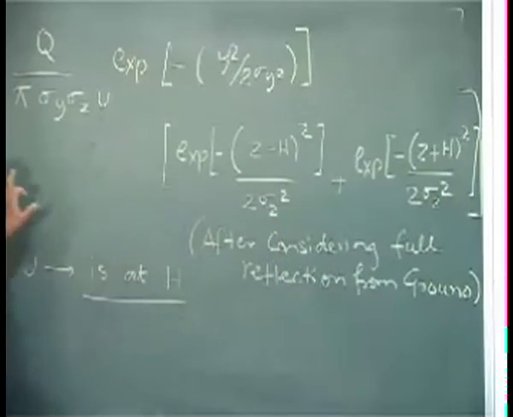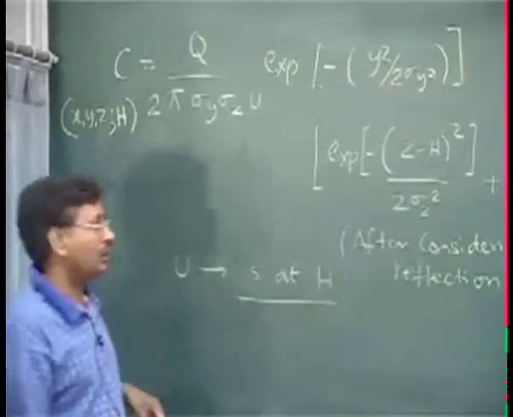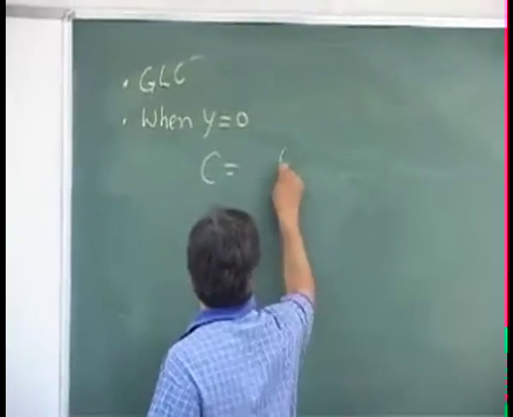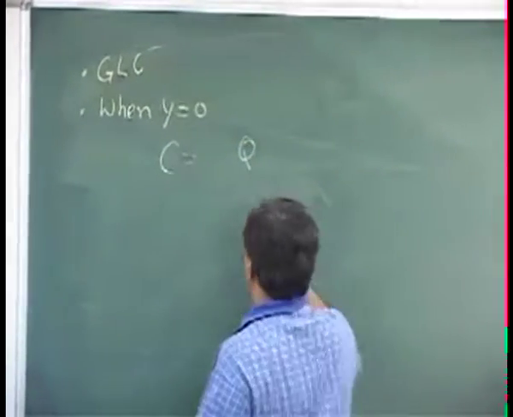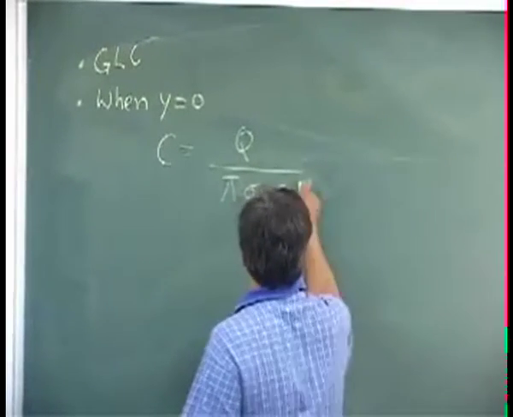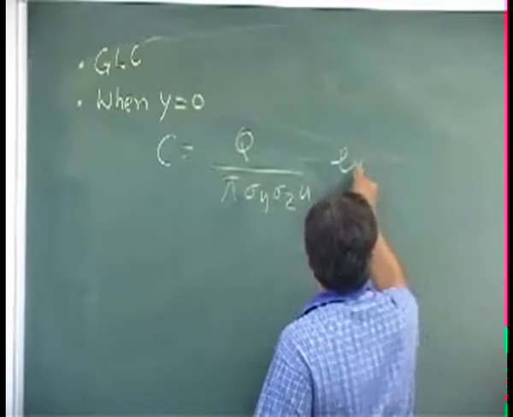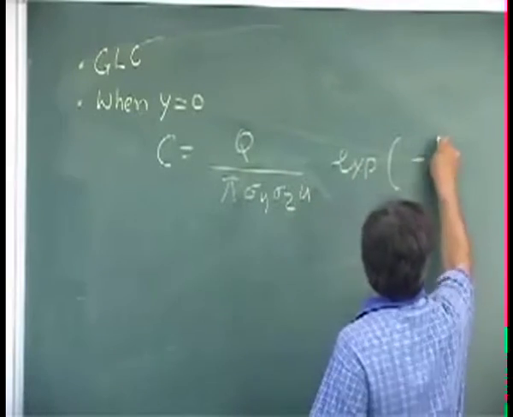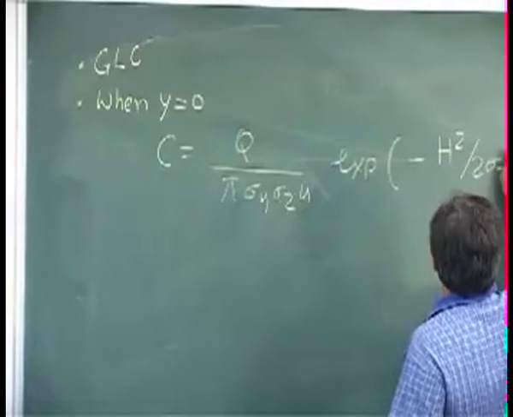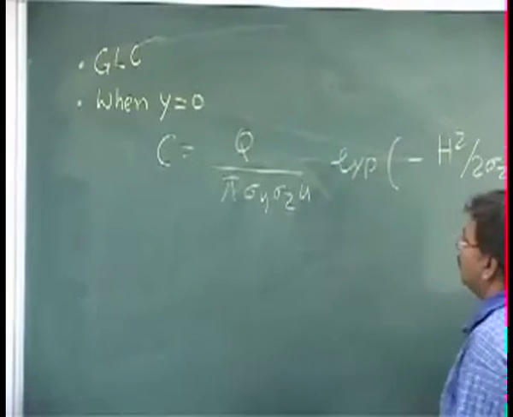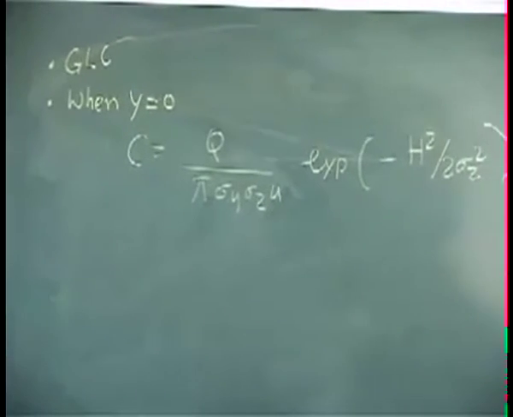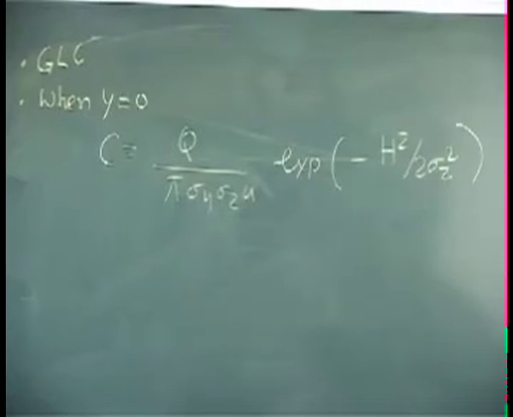That 2 will cancel out with this 2. So I'll write that: C becomes Q by pi sigma y sigma z u, exponential minus H square by 2 sigma z square. That is all.